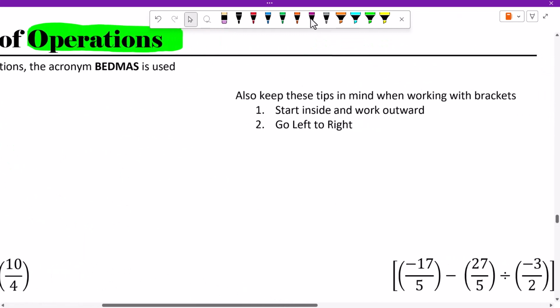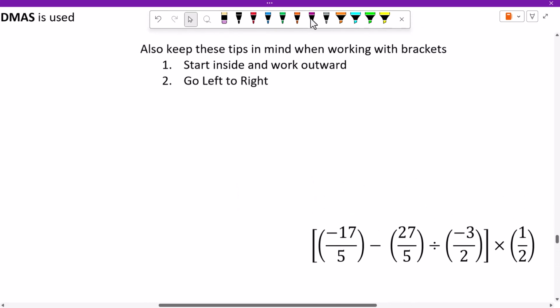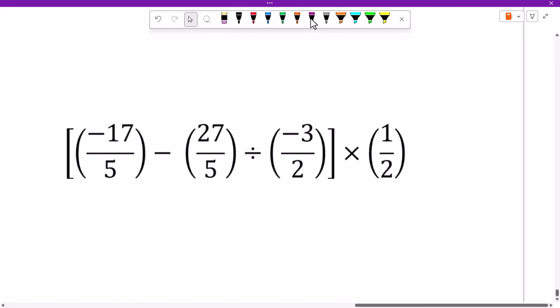Right? Now, what's going to happen is we're going to have lots of extra brackets. And I'm going to say work from the innermost set of brackets out. Now, not all brackets are used to separate operations. Some brackets are only there to highlight the fact that a number is negative. That's the sole purpose of those brackets, and typically those are the round brackets. Right here, look at this.